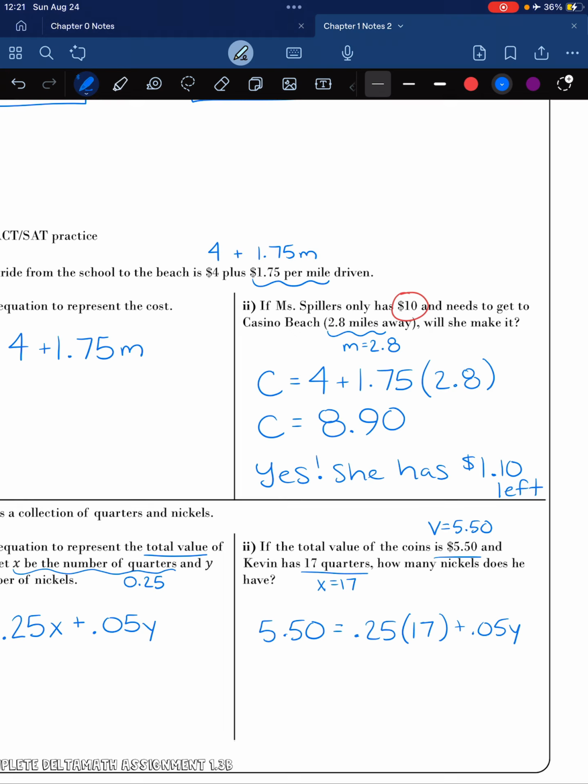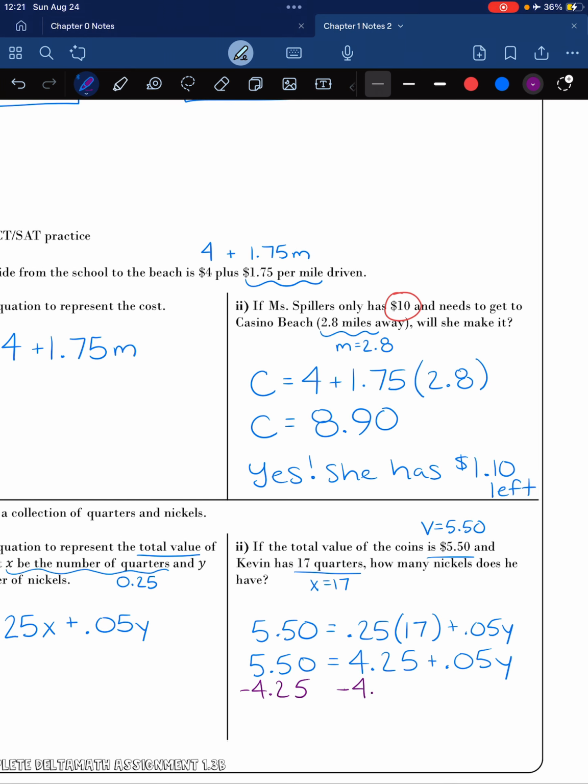Alrighty, so then we need to go ahead and figure out how much is 17 quarters worth. So 4.25. So if I subtract 4.25 from both sides, we have $1.25 in nickels.